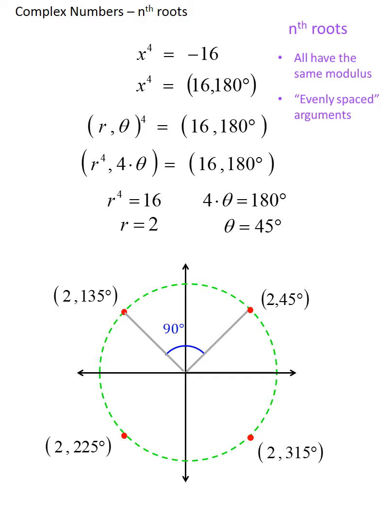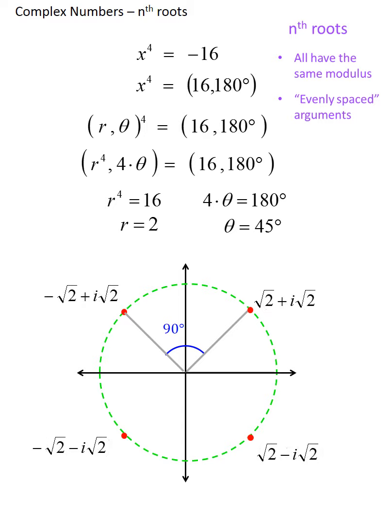So, using the conversion skills that you've picked up in other courses or videos, you can convert your polar complex numbers into rectangular ones, and there are your 4 fourth roots of negative 16. Now, I didn't take the time to show the algebra here, but if I were to pick any one of those, raise it to the 4th power, and do all of the messy work that would follow, the result definitely would be negative 16.